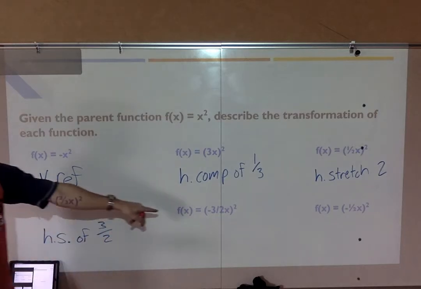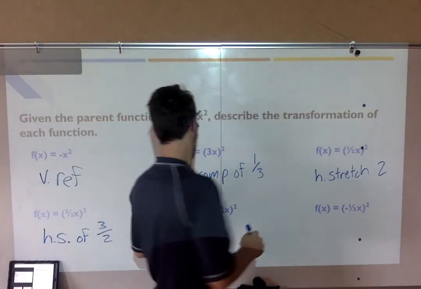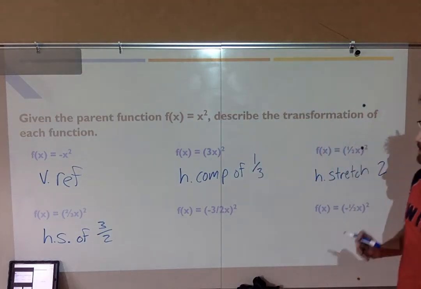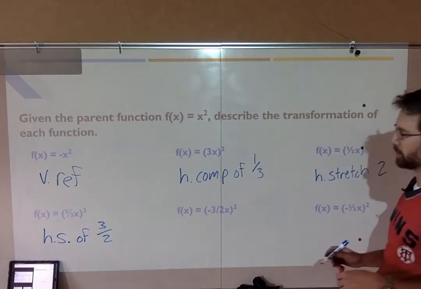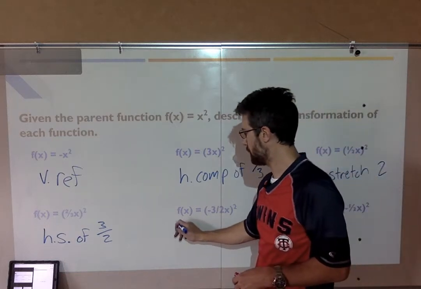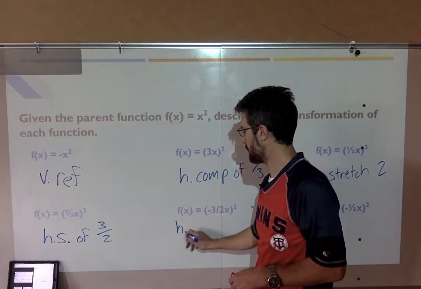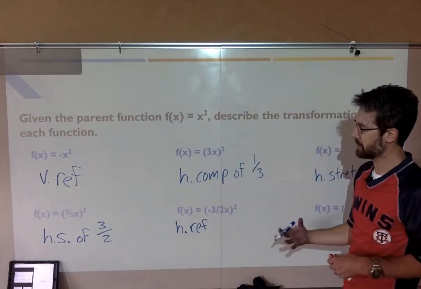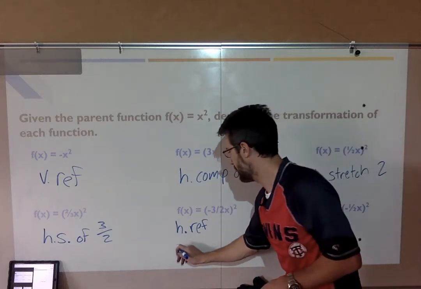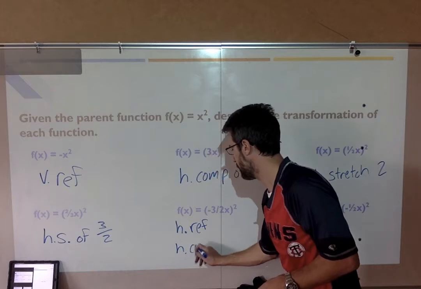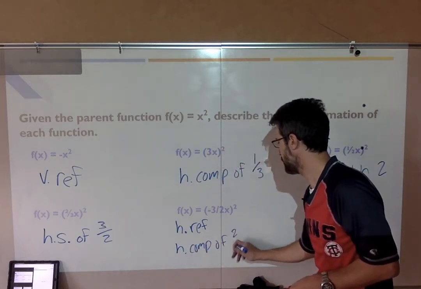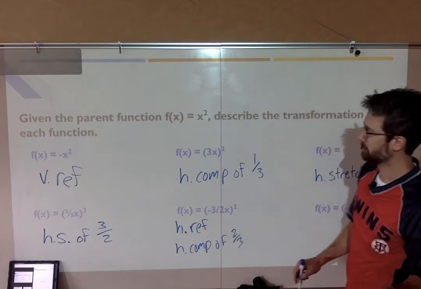Now I've got a couple of doubles here. I've got a negative on the inside here. This is not a horizontal compression of -2/3. This is two things, a horizontal reflection, because of that minus that's on the inside, and a horizontal compression of 2/3, the reciprocal.